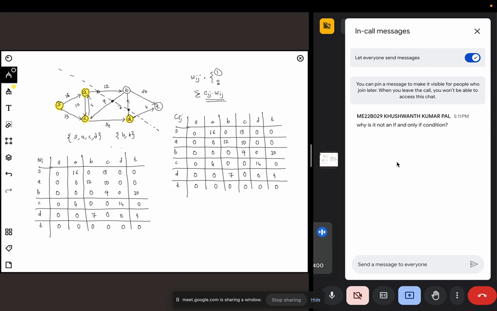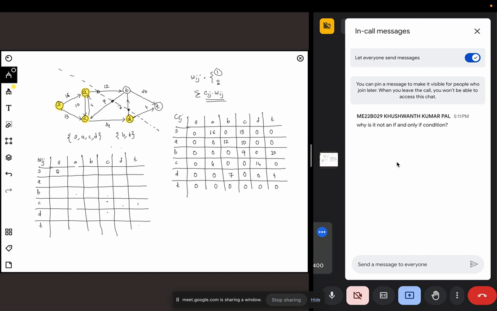Now let's try the Wij matrix. Which of these sets are there in the cut edges?